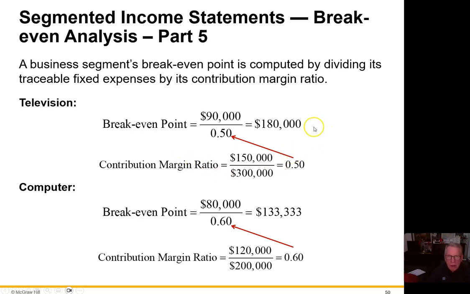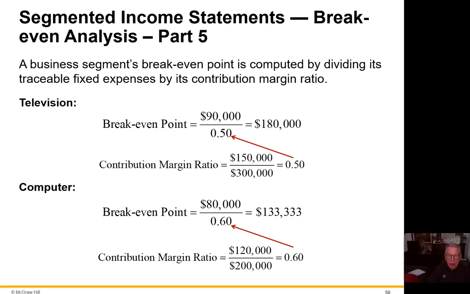And so we get 180,000 for television and 133,330 for the computer.